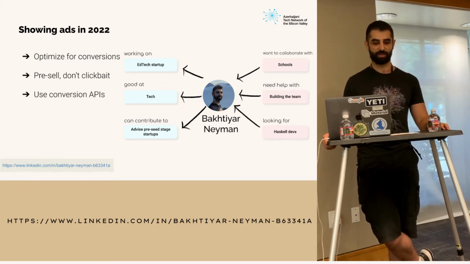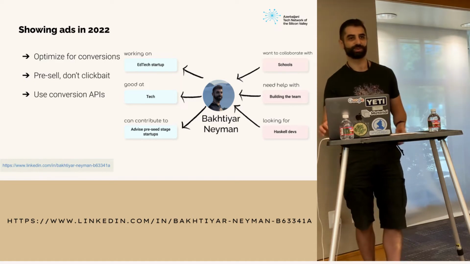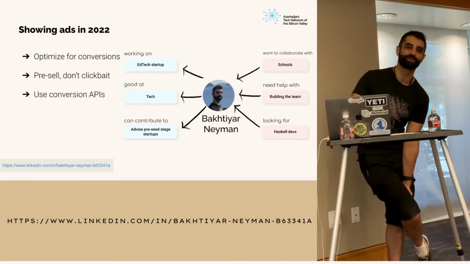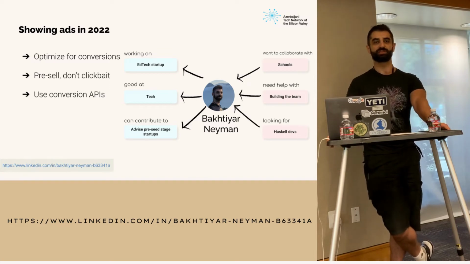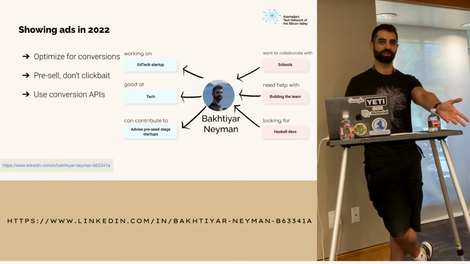Another thing that happened is, in general, this is what the ad business does, and why Facebook and Google grew so much over the last 20 years. They are really good at identifying who is willing to be converted. And they cannot do it in a vacuum. They need information from you. That's why they have third-party cookies.